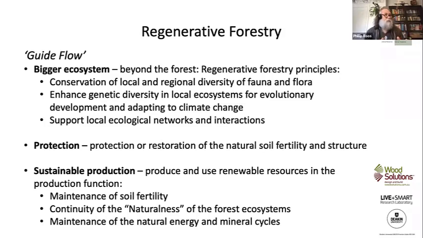It's about conservation of local and regional diversity of fauna and flora. It's not just about the forest. You look at enhancing genetic diversity in local ecosystems for evolutionary developing and adapting to climate change. So in essence, it's just going back and saying, what does our original forest do?